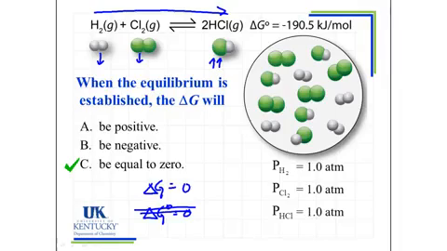So what happened to the delta G? The delta G started out when we were all at 1 atmosphere with this number. It gets to equilibrium, delta G non-standard is equal to 0. So the negative delta G is increasing as the reaction keeps working its way closer and closer to equilibrium.